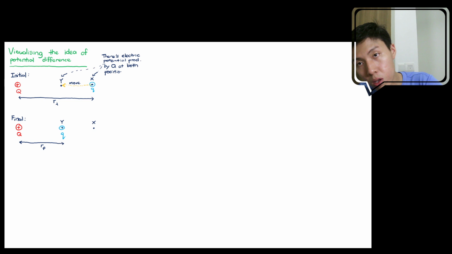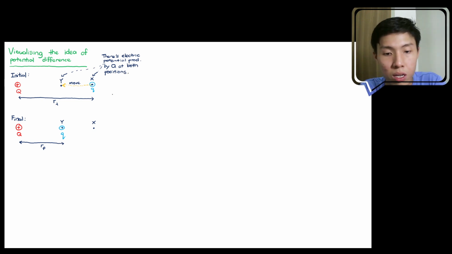Okay, if you are at position X, there's electric potential produced by big Q. Big Q is over here, so the surrounding of big Q has electric potential produced by big Q, right? So position X here has an electric potential produced by big Q. Position Y over here will also have an electric potential produced by big Q as well.